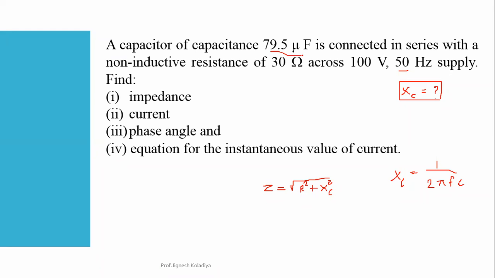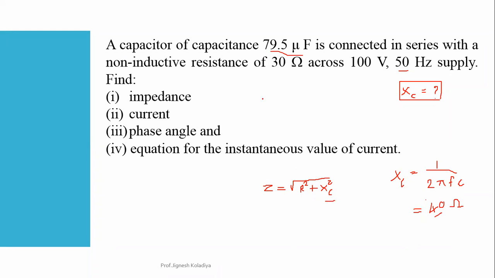If you put these values in, you will get Xc as 40 ohm. And the answer which I am getting from Vishwajit and from Prithviraj is the correct answer: 40 ohm. Put down the 40 ohm over here.